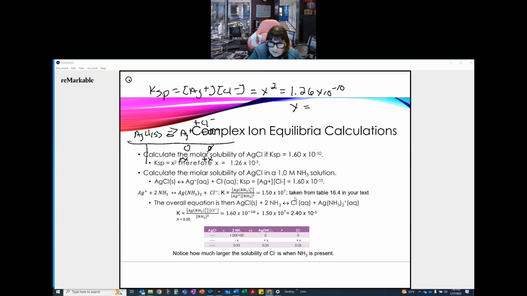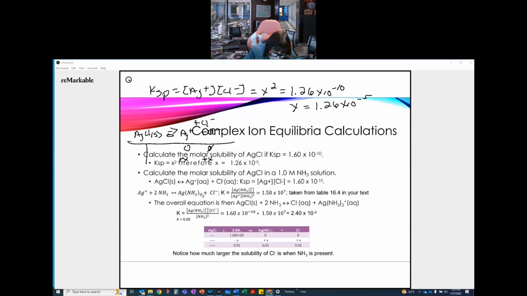So when I solve that, I take the square root, then I get 1.26 times 10 to the minus fifth. Okay. So that's where we get that. That's great. But when we make this complex ion, this formation, we have a K for that. That's for the reaction Ag+ plus 2NH3 goes to Ag(NH3)2+.